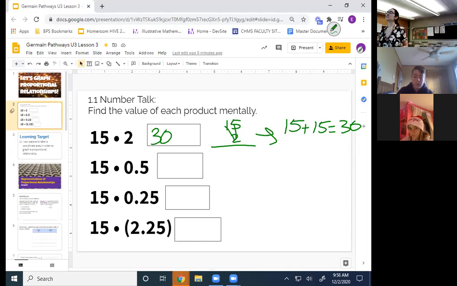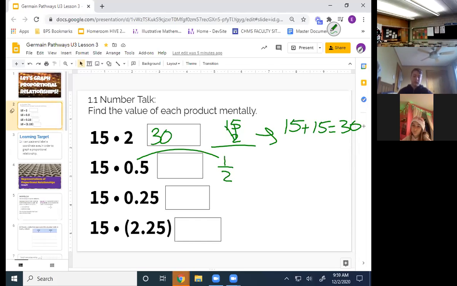Now we're looking at 15 times 0.5. 0.5 means the same thing as 1/2. So we're looking for half of 15. What's half of 15, guys? Nice job, Avery. Ethan, I think that's the next one, my friend. Sawyer, fantastic.